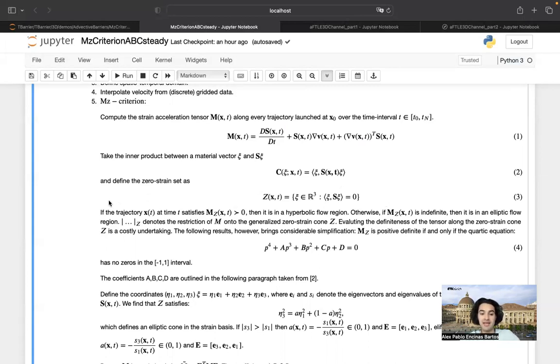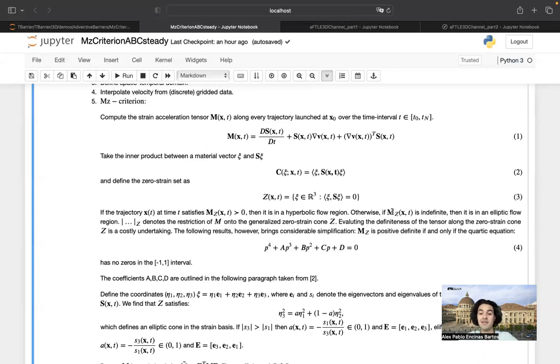And then we say that a trajectory at time t is hyperbolic if the restriction of the strain acceleration tensor to the zero strain set is positive definite. Note that it's not that the whole strain acceleration tensor needs to be positive definite. No, just the restriction of the strain acceleration tensor to the zero strain set.